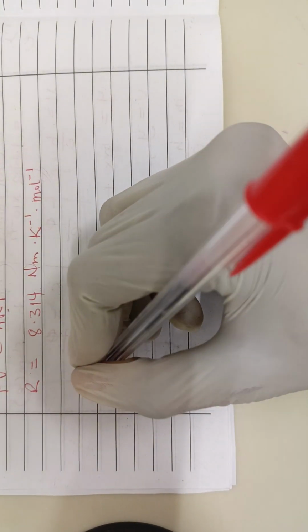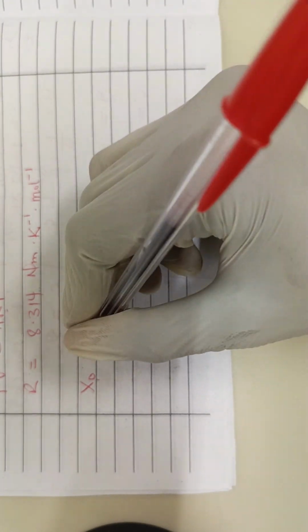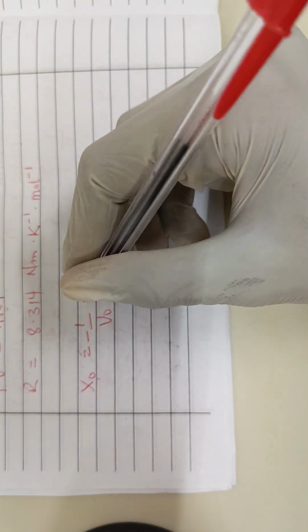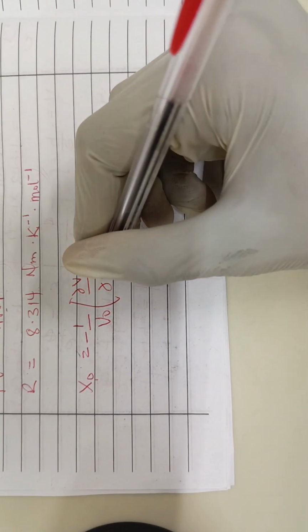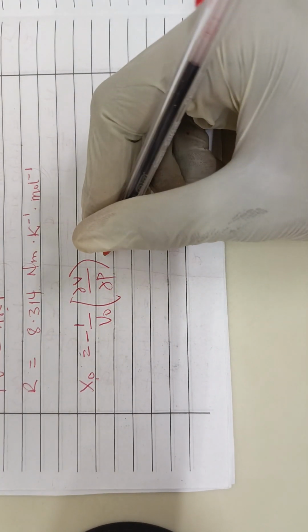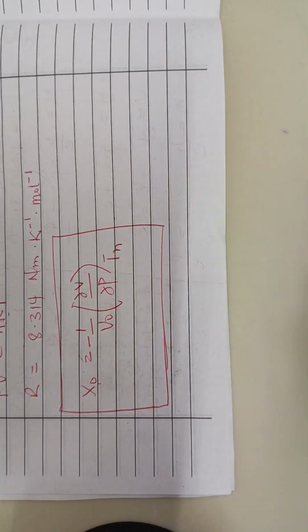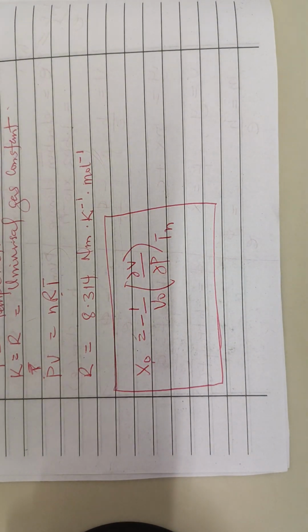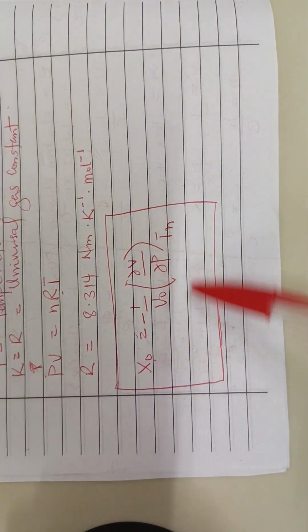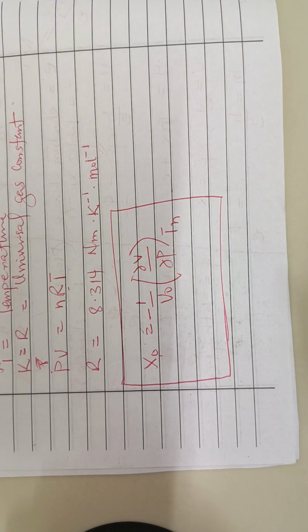Now we can say our x naught equals the coefficient of cubic compressibility, which is given as V naught on the differential or the change in, where we kept our T and n constant, right? So if you are asked to find the coefficient of cubic compressibility for Mariotte and Boyle's law, you have to use this expression to find x naught.